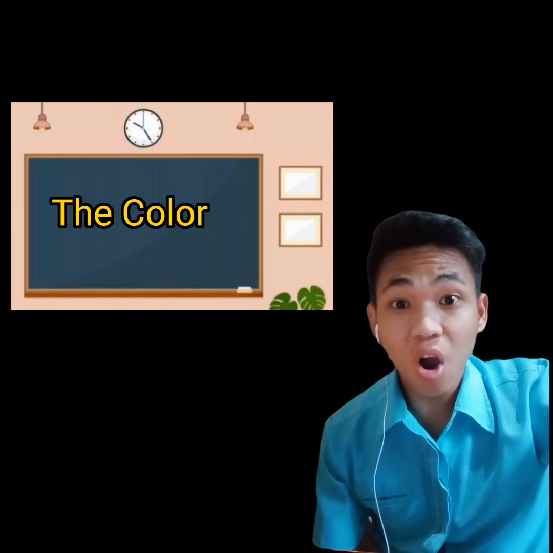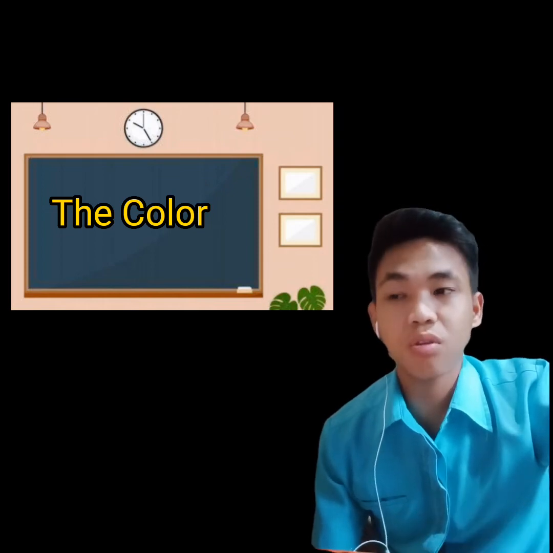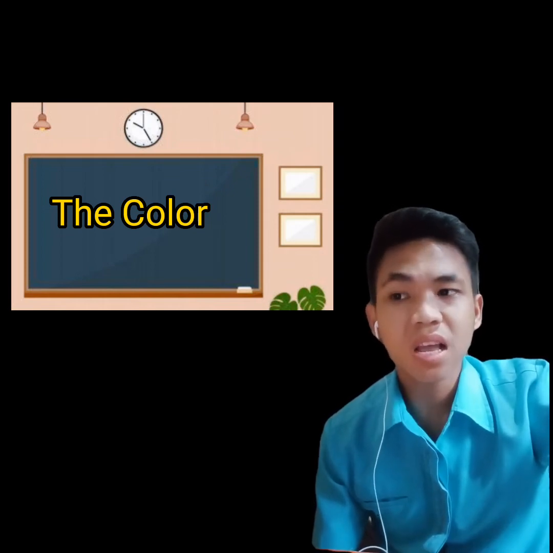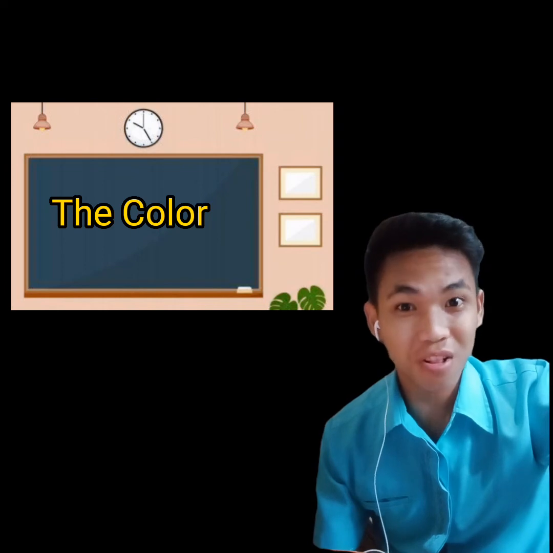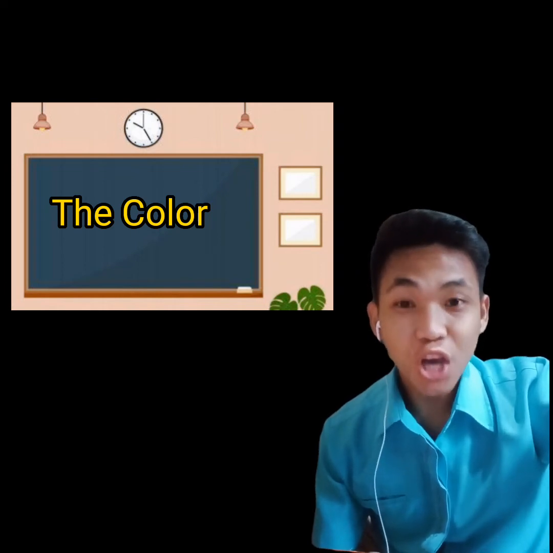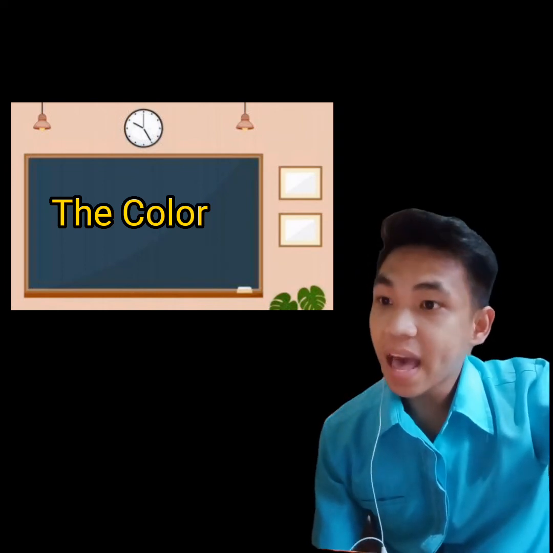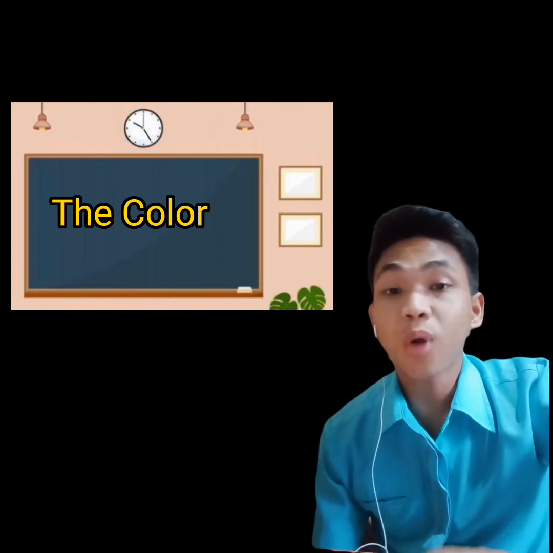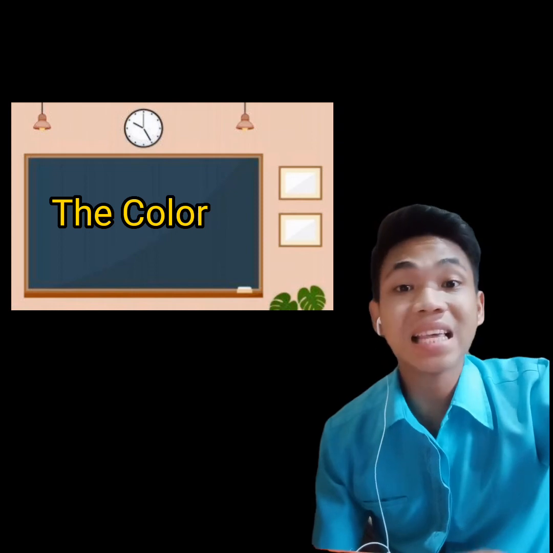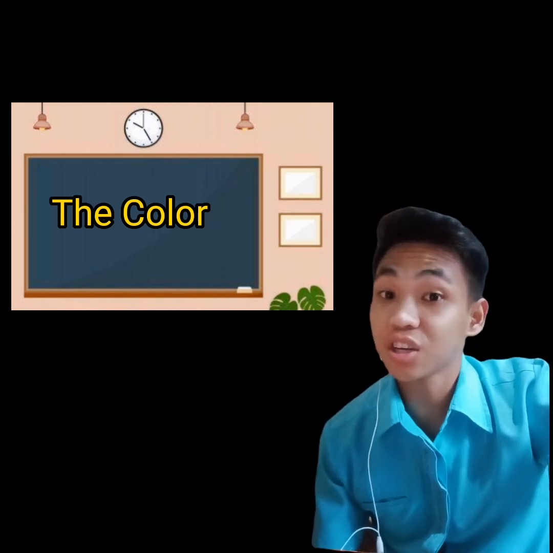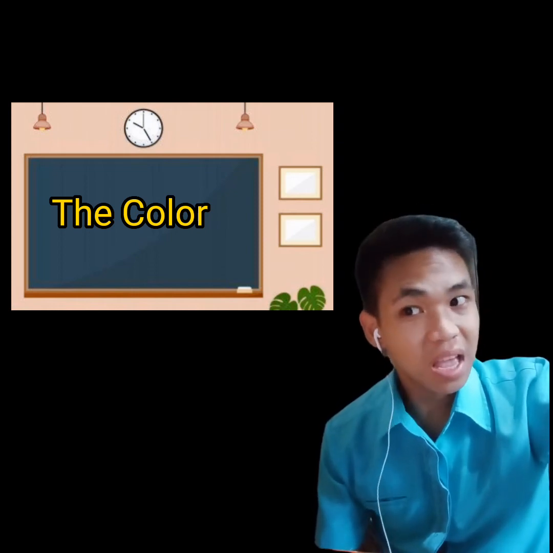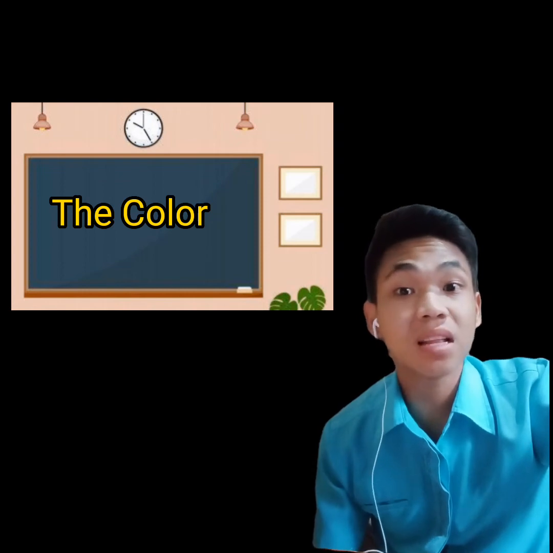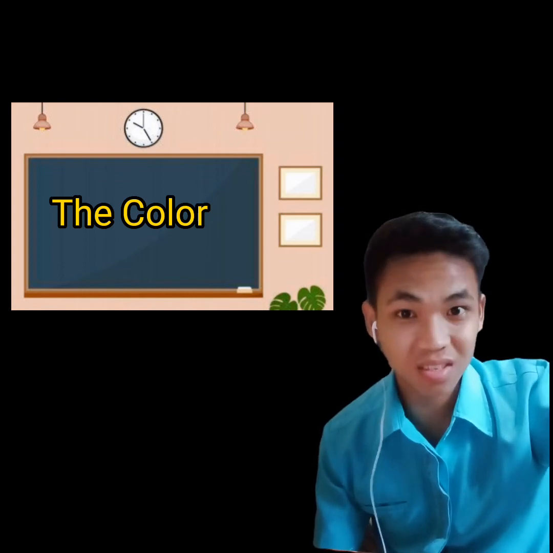So students are more interested in those materials which are colorful and beautiful. Okay, you have to remember that mostly students are more attracted to bright colors because it easily catches the students' attention and also facilitates the learning process.